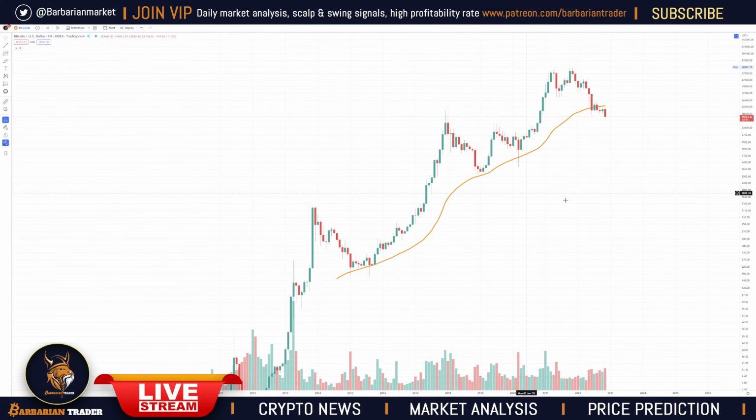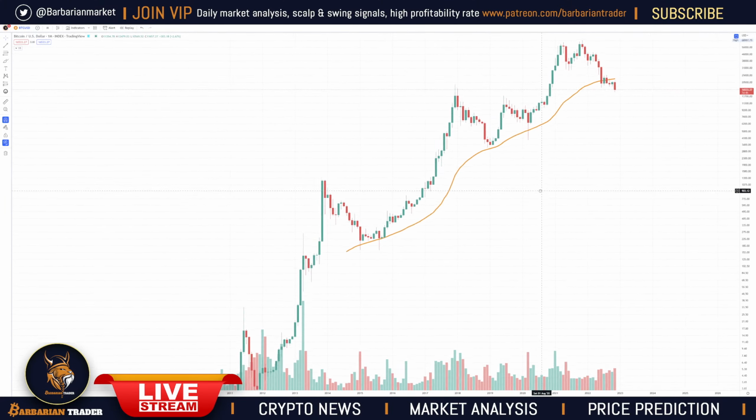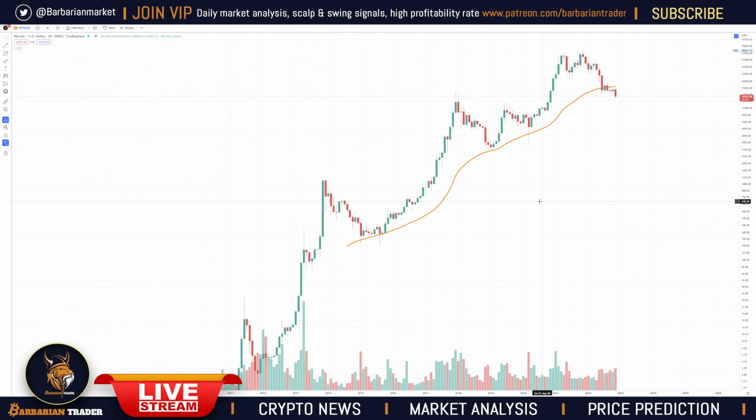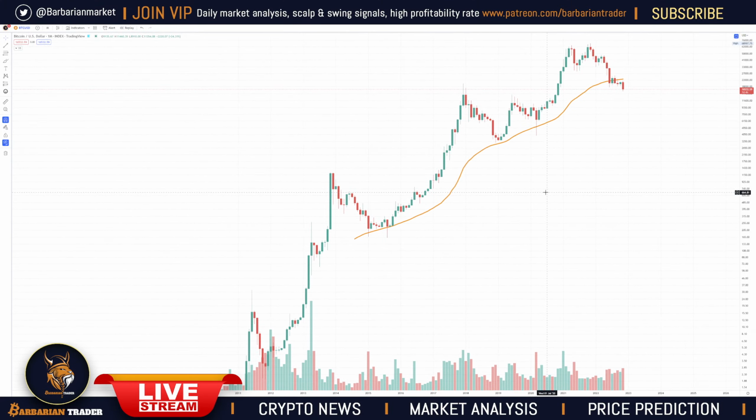If you saw this on a 15-minute chart, tell me honestly, would you go long from here, I mean invest for 4 years, or would you look for a point to go short? Because as you can see, 50 moving average, support, support, support, boom, it is gone. 50 moving average on monthly, guys.